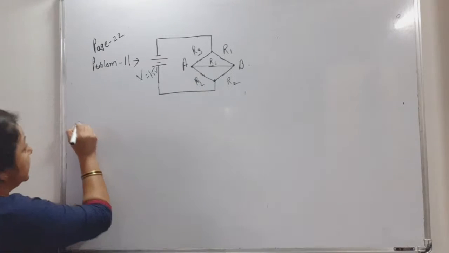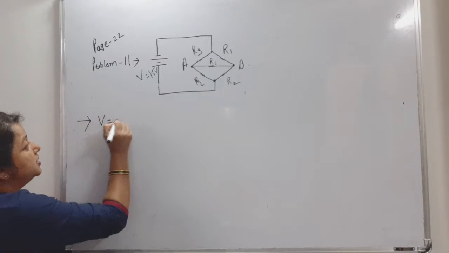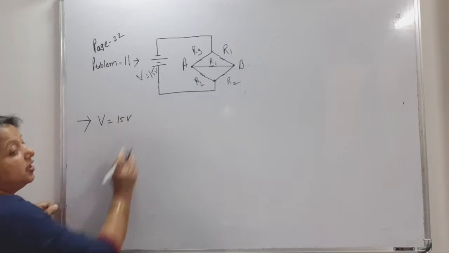So first we write down given data that V is equal to 15 volt.